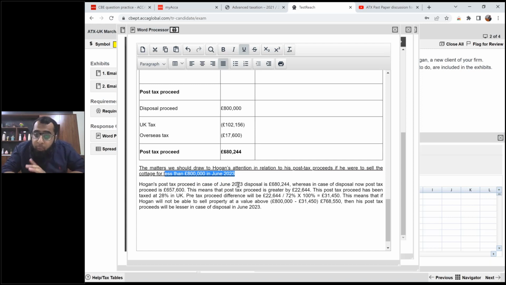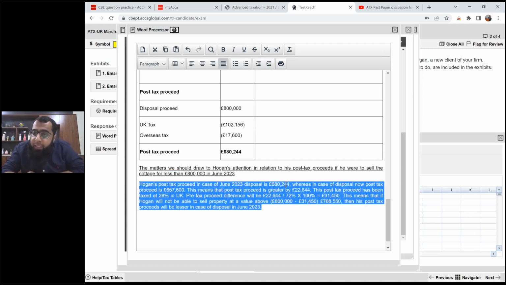Hogan's post-tax proceed in case of June 23 is 680, whereas in case of disposal now, post-tax proceed is 657. This means that post-tax proceed is greater by 22,644.